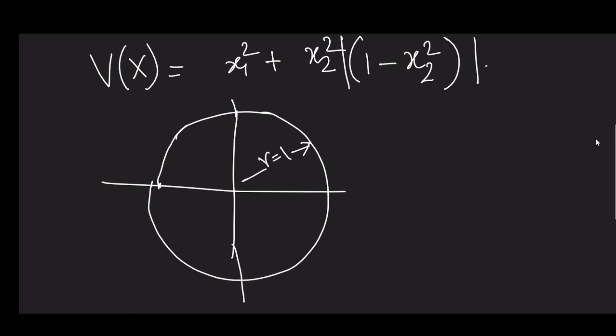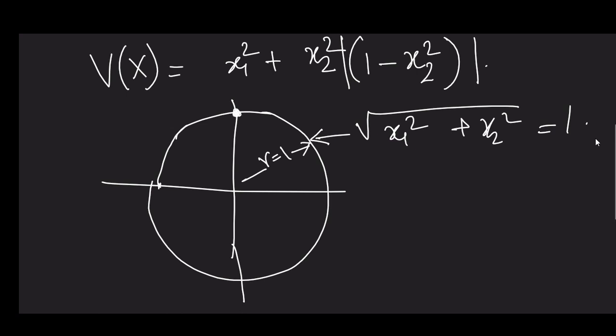So along this circumference, what you can write is x1 square plus x2 square is equal to 1. However, what would happen when you reach this point? Say, let us make it 0.99 minus x2 square.